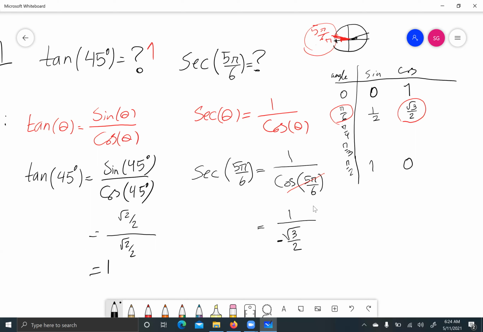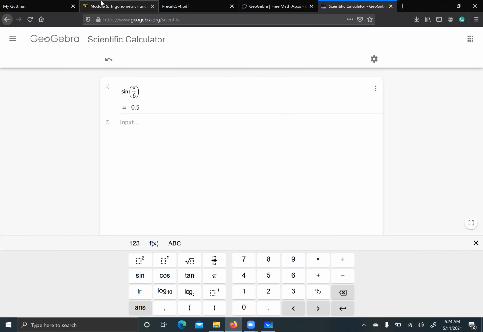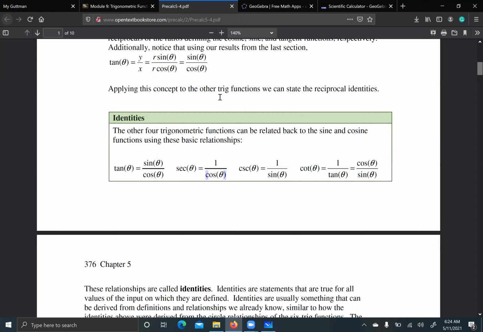Okay. So that's it. So secant is going to be, if you want to further simplify, -2 over square root of 3. So the whole point was that here the idea is that you use these identities.